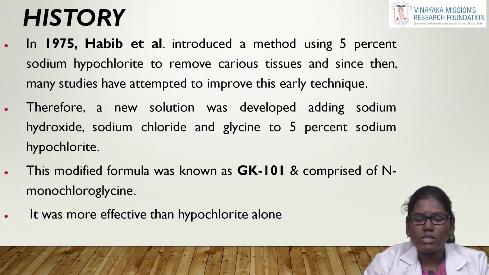Therefore a new solution was developed by adding sodium hydroxide, sodium chloride and glycine to the 5% sodium hypochlorite. This modified formula was known as GK101 and it mainly comprised N-monochloroglycine. This formula was found to be more effective than 5% sodium hypochlorite alone in removal of the caries lesion.